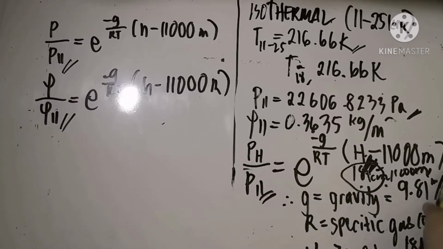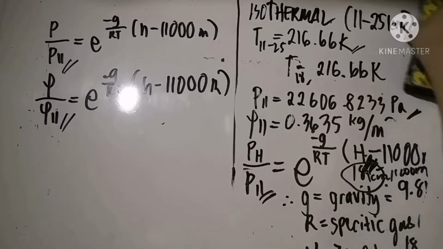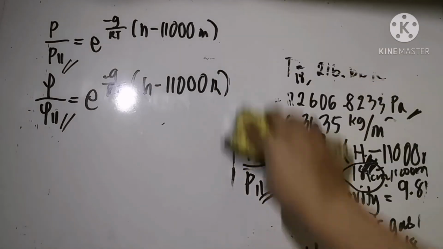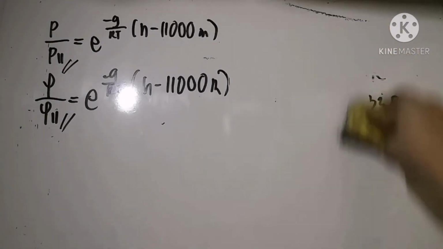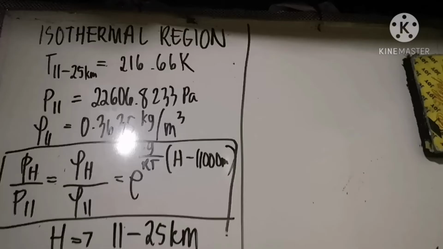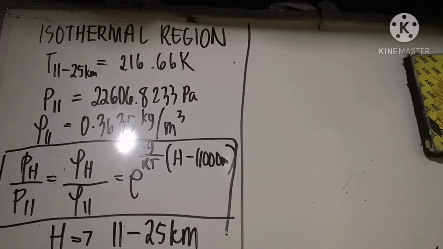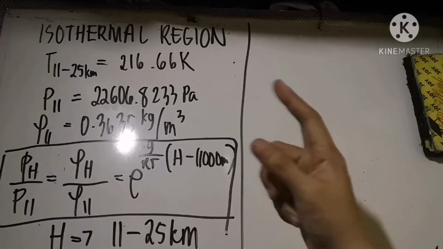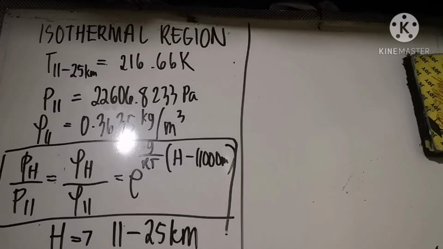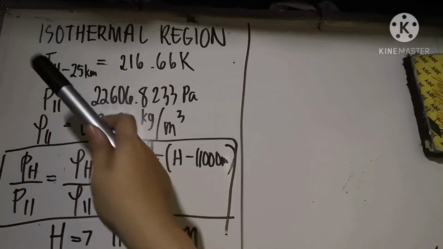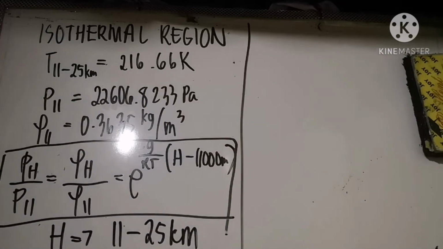Anyway, let's try to solve a problem using these formulas. So, sinulat ko na dito yung mga important for isothermal region. Siyempre, ang isothermal region ay from height na 11 to 25 kilometers. So, your temperature from 11 to 25 kilometers will always be 216.66.